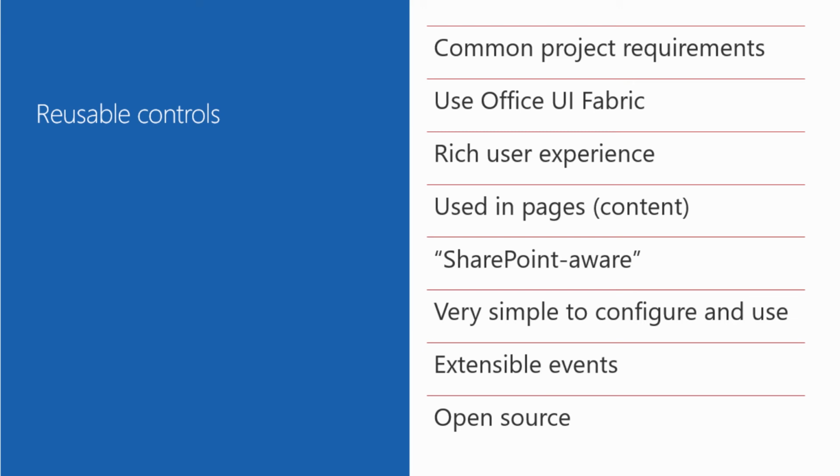It uses Office UI Fabric, so it looks pretty much the same as the rest of SharePoint. It's not like an alien on the page, with no flashy green text; everything looks clean. The user experience is rich, mainly because of Office UI Fabric. So these reusable components are for content in pages.